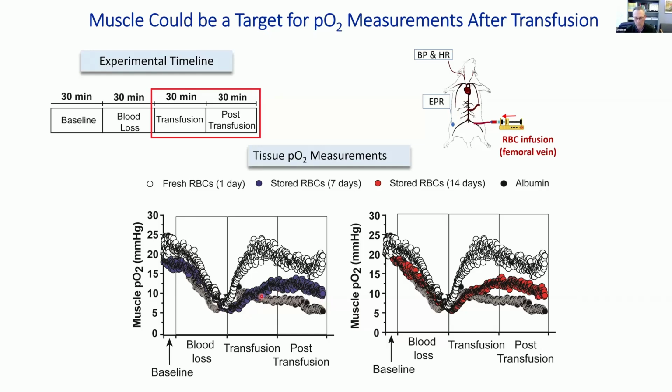And that may not be the best idea if the hemoglobin goes back to a level that we believe would be beneficial and you're not oxygenating certain tissues. This can be seen here at 7 days, and it's even seen almost similarly at 14 days. So that would suggest that you're starting to lose function at 7 days equivalently to 14 days. And this, quite frankly, isn't that much better than albumin.